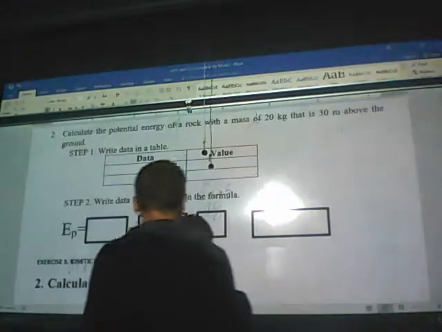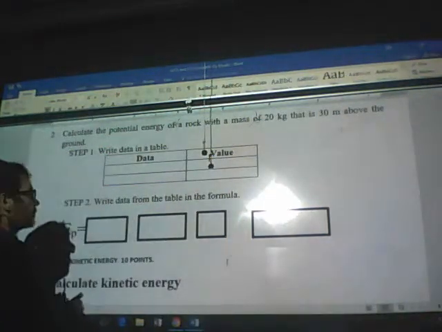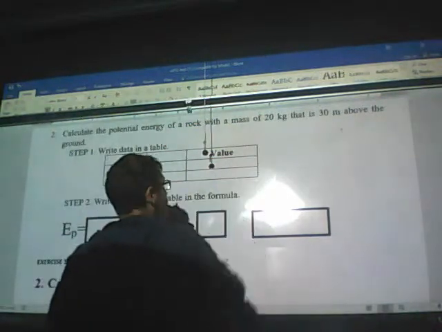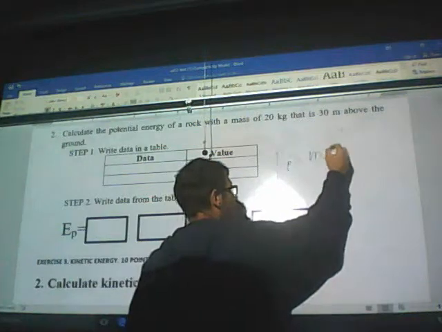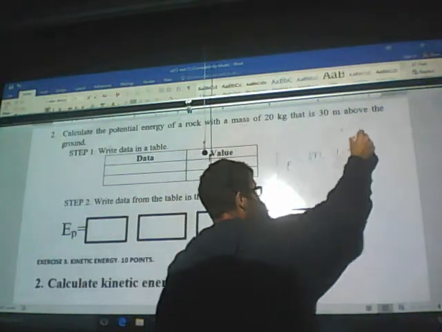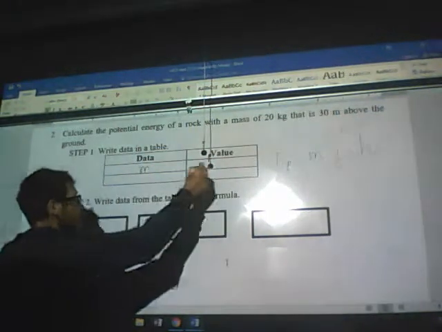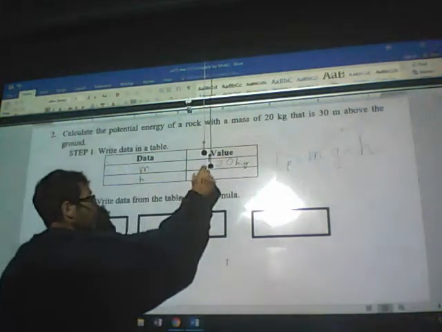Okay, the formula for potential energy is M, the mass, times G times H, the height. So here we have 20 kilograms for the mass, and the height is 30 meters.